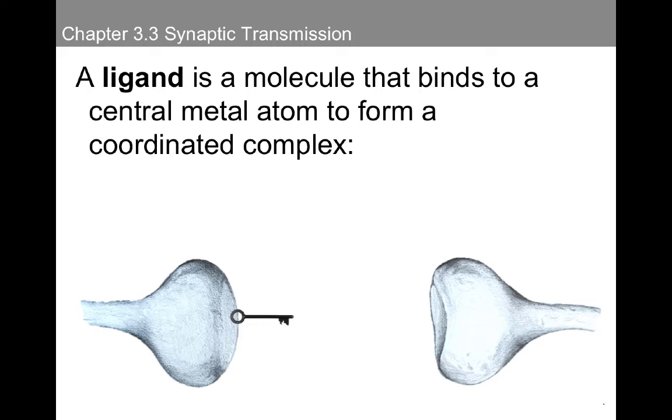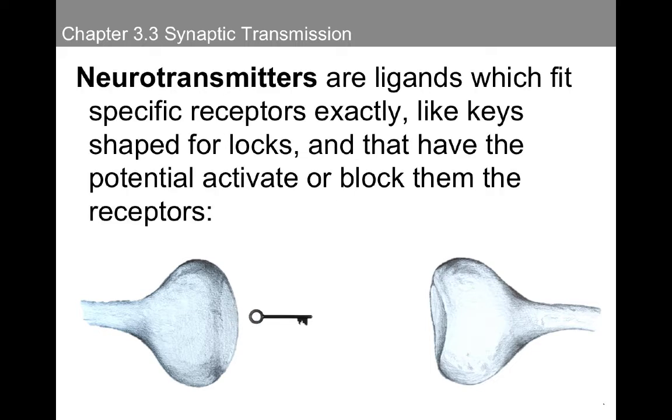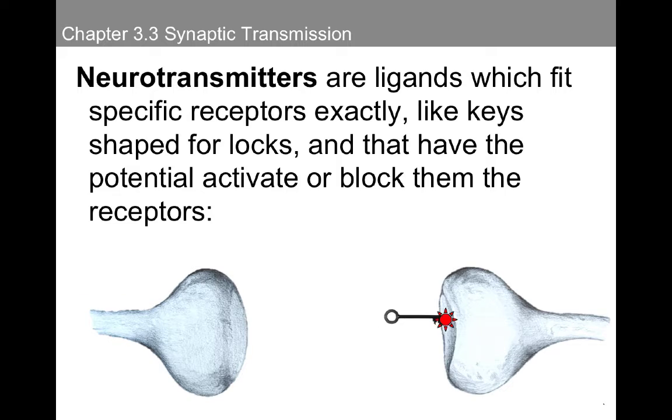So it binds to a central metal atom to form a coordinated complex. And neurotransmitters are ligands, which fit specific receptors exactly, like keys shaped for locks, that have the potential to activate or block the receptors. So there goes our ligand, our neurotransmitter, and it's going to hit a receptor.